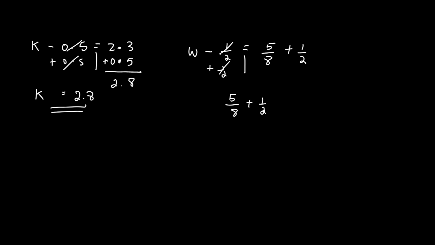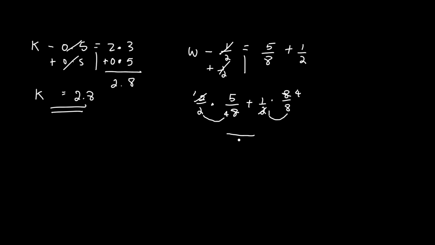Let's rewrite this problem. There are different ways to solve fractions, I'll just use this simple way here. Now, this will be 1, this will be 4, and over here, this will be 1, and this will be 4. Now, 2 times 4 is 8, 1 times 8 is 8.